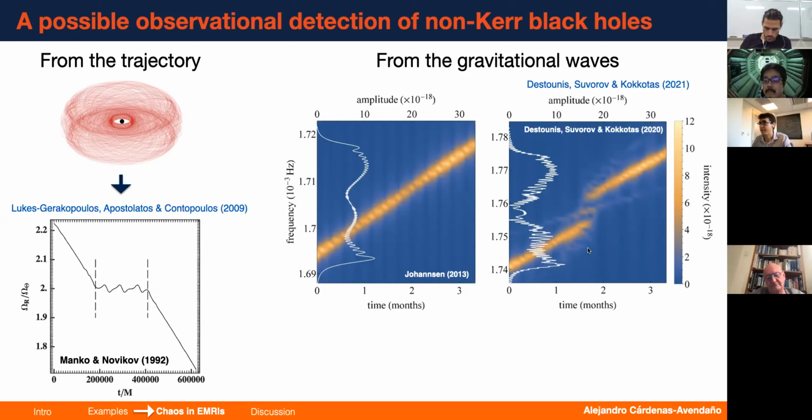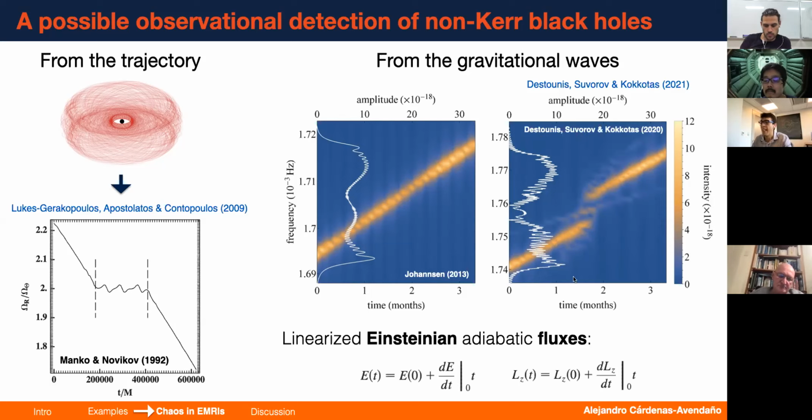And that's the example they show for these seminal works. And they use linearized Einsteinian adiabatic fluxes. So these solutions, in particular these ones, might not necessarily be described within GR, but again, we don't know what's the radiation reaction in any other theory, so it makes a lot of sense to actually put Einsteinian adiabatic fluxes.